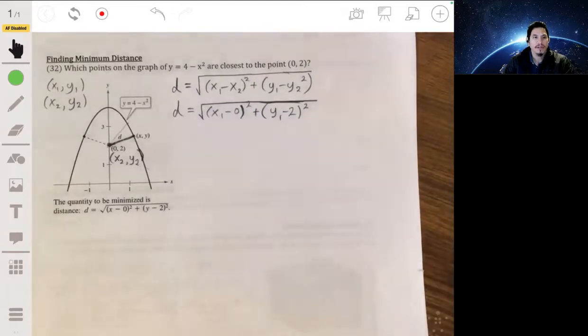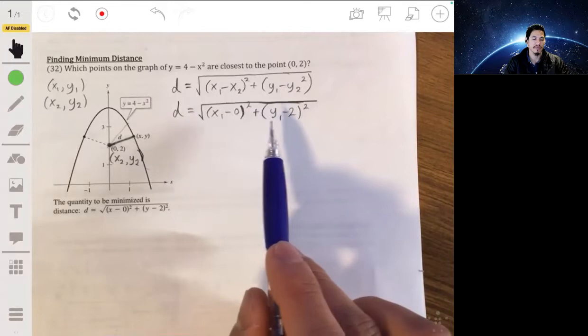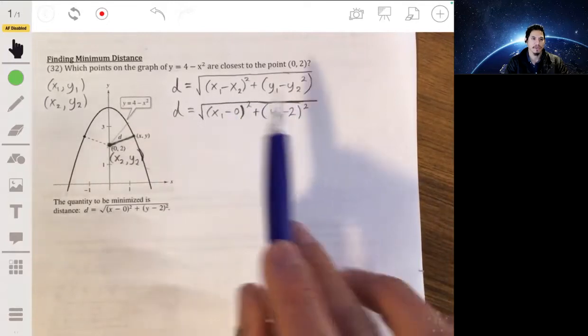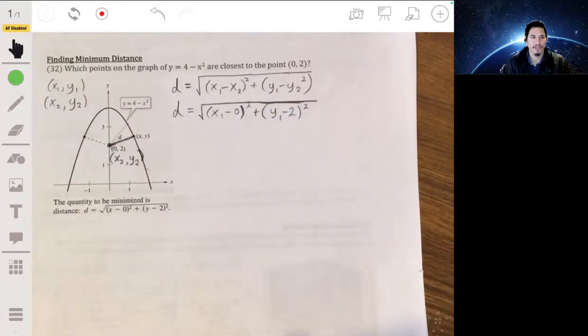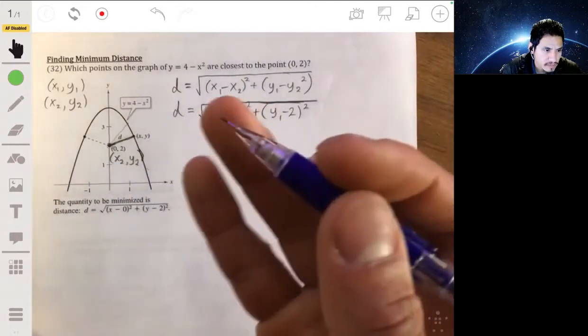Now, we can't straight up differentiate the distance equation yet because we have two variables in here, x and y. So we need to write this distance equation in terms of just one variable. Let's rewrite it in terms of x, because we're used to working with functions of x. So we're going to need to find an equation for y in terms of x.